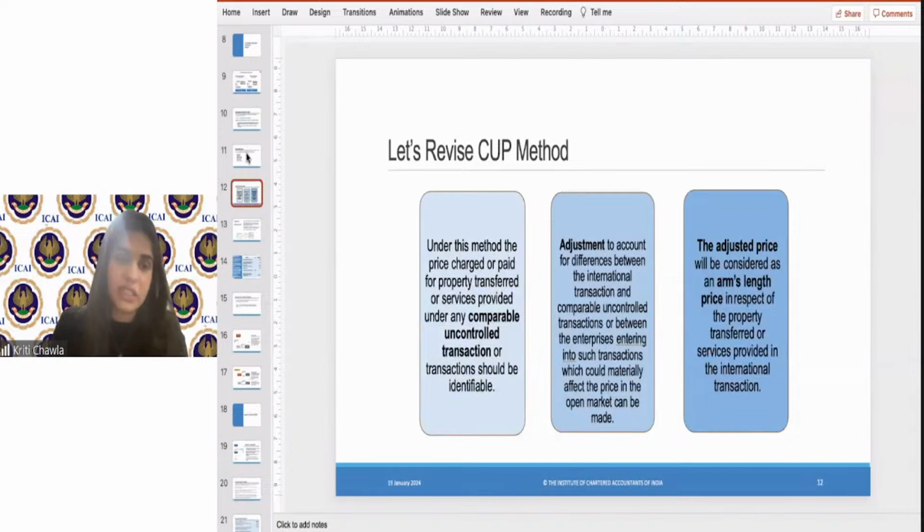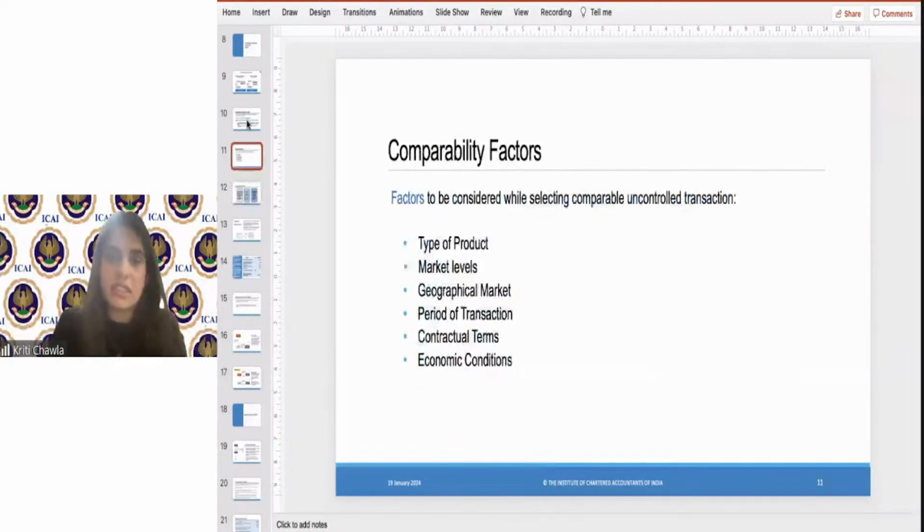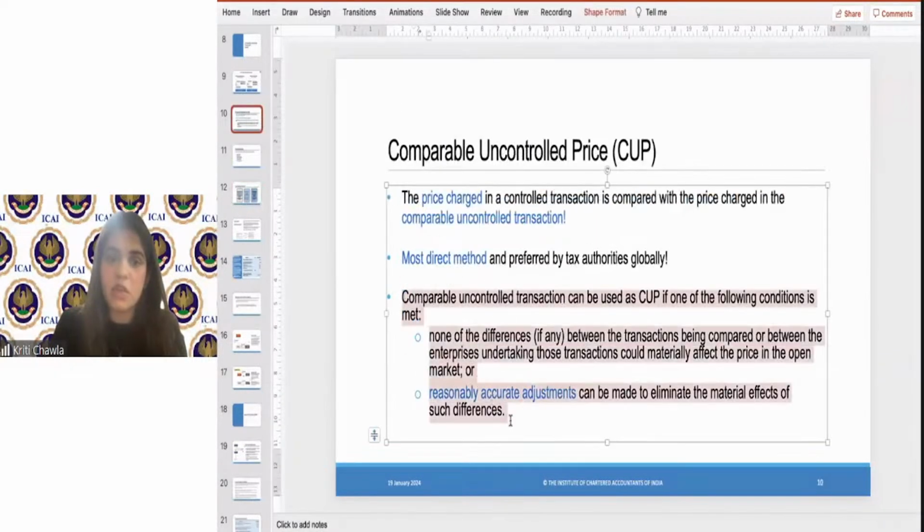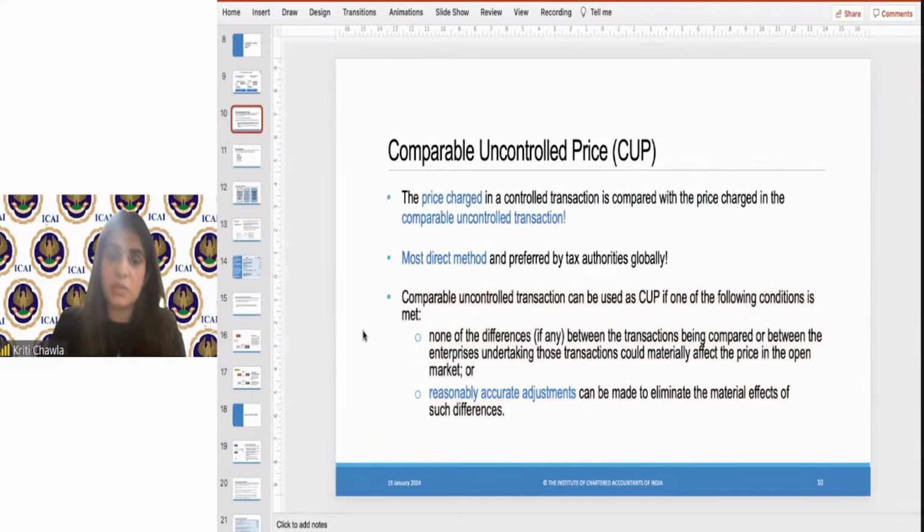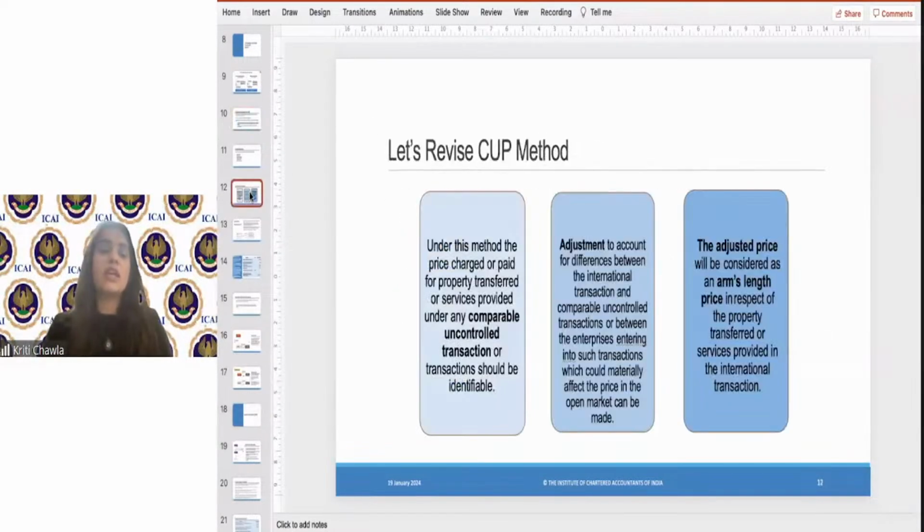So this is what is provided in slide 10, which is the law here, that you can make reasonable, accurate adjustments. As long as you're able to make those adjustments and adopt that price, well and good, that will be your ALP or arm's length price under the comparable uncontrolled price method. As a quick revision, what exactly is this CUP method?